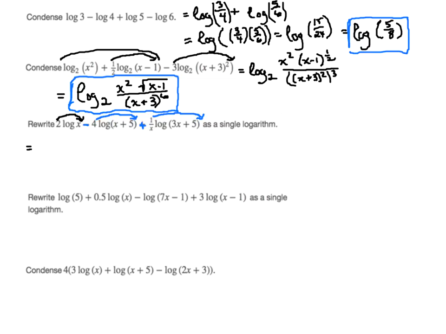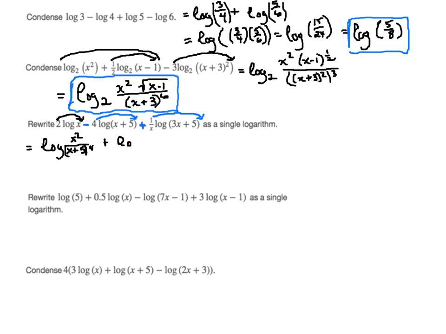So my first condensing looks like the log of, let's see, x squared over x plus 5 to the 4th power.